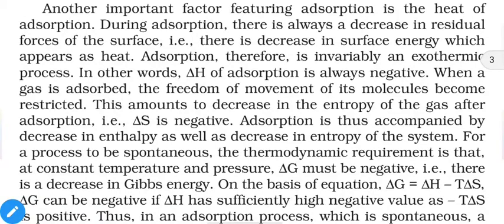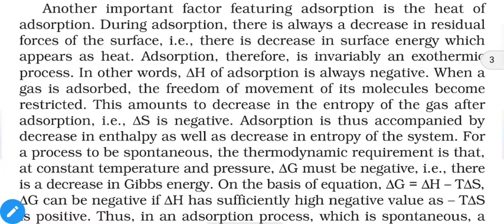For the process to be spontaneous, the thermodynamic requirement is that at constant temperature and pressure, delta G must be negative. That means there is a decrease in Gibbs energy, and we already learned about it in the thermodynamics unit.